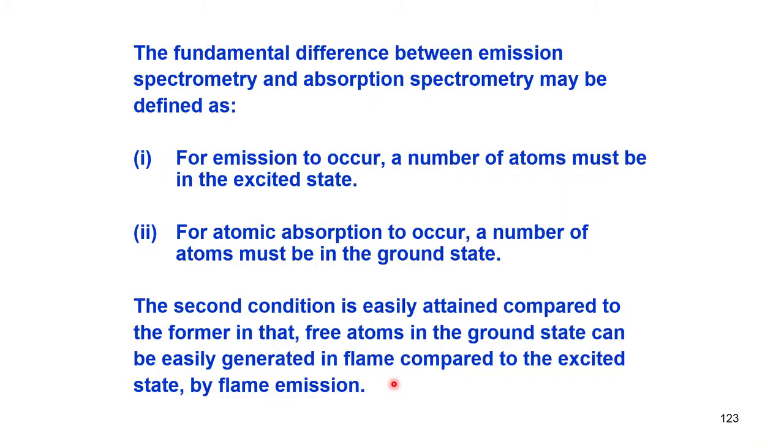So, the fundamental difference between emission spectrometry and absorption spectrometry can be defined like this: for emission to occur, a number of atoms must be in the excited state. I want you to understand when an emission occurs and when an absorption occurs.